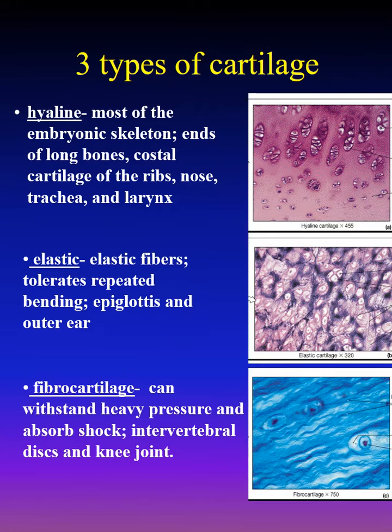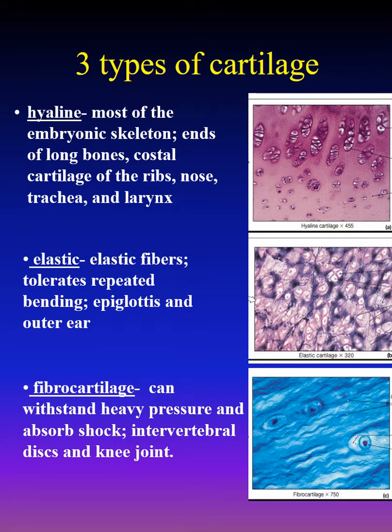And then the third and strongest type of cartilage is fibrocartilage. And this can withstand the heaviest pressures and absorb the most shock of the three types of cartilage. And so we find fibrocartilage in between the vertebrae, as well as our pubic symphysis, which connects our os coxae of our pelvic bones.